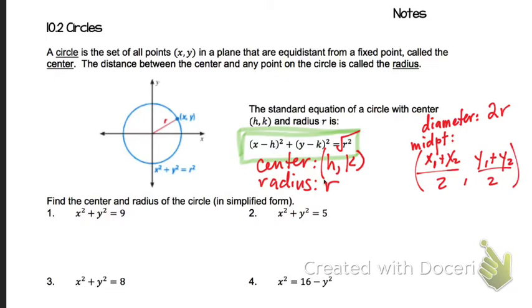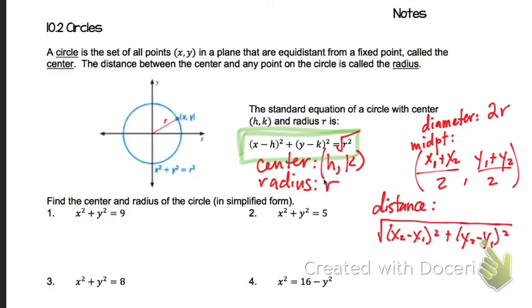And then distance formula is what? I will not give you any of this. I will expect you to know that. So those things are kind of all that you need for this section.